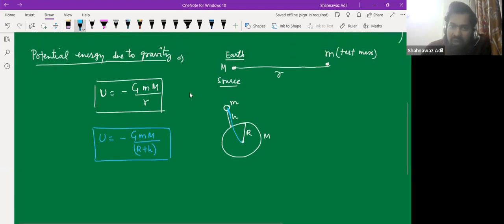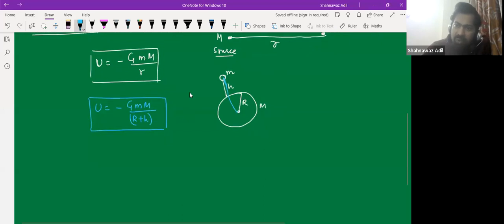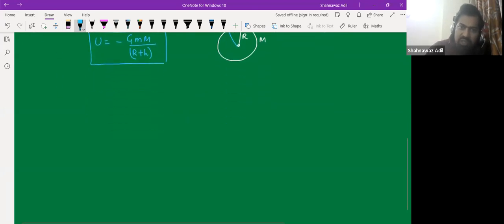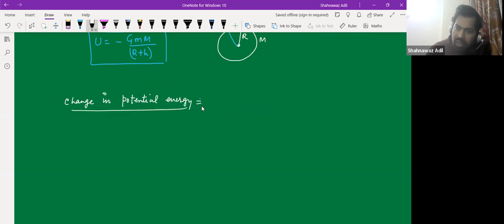So whenever we take an object from this point to this point, your change in potential energy, that is delta U, gives you work done.